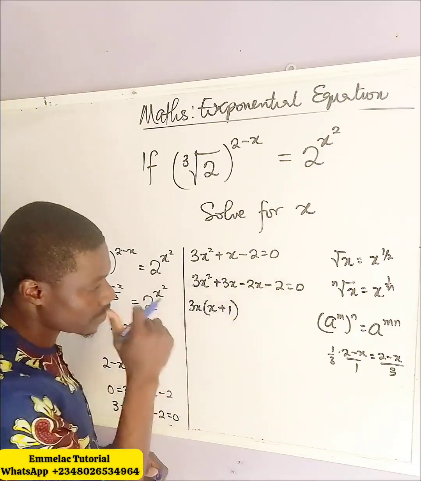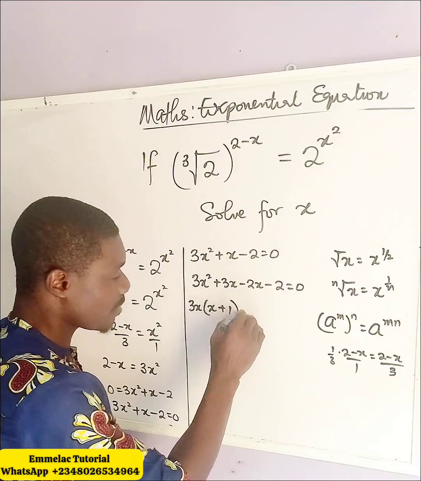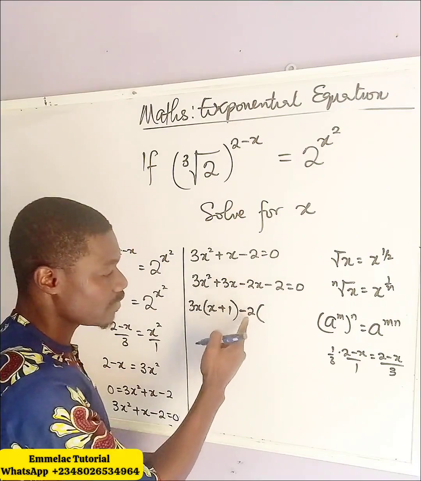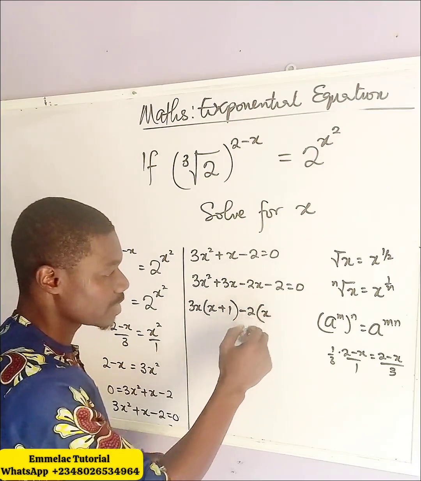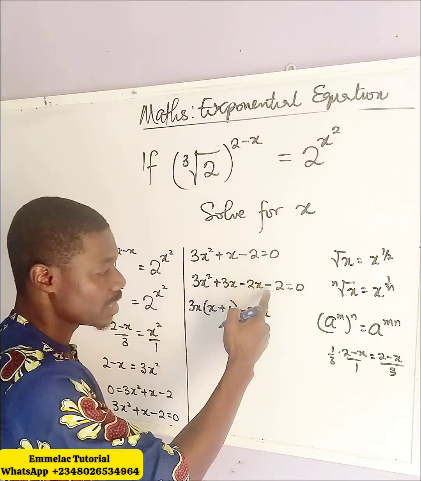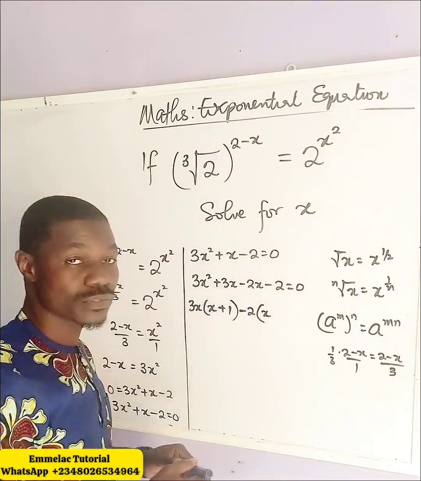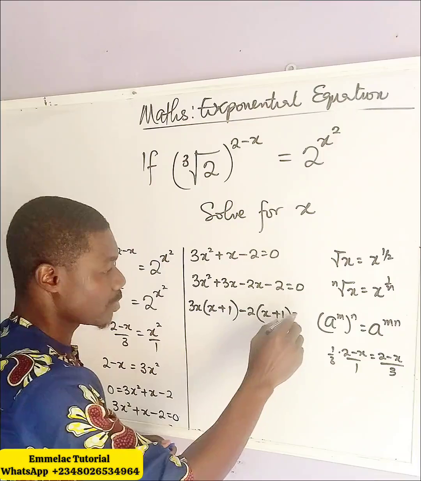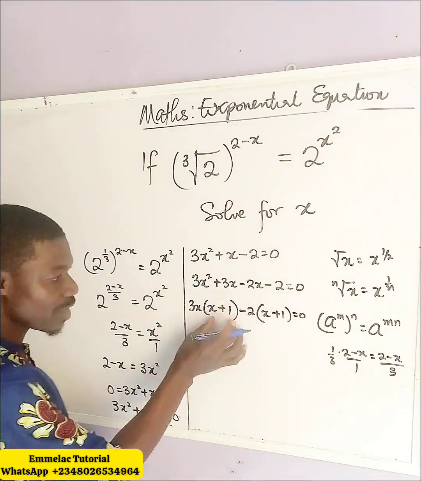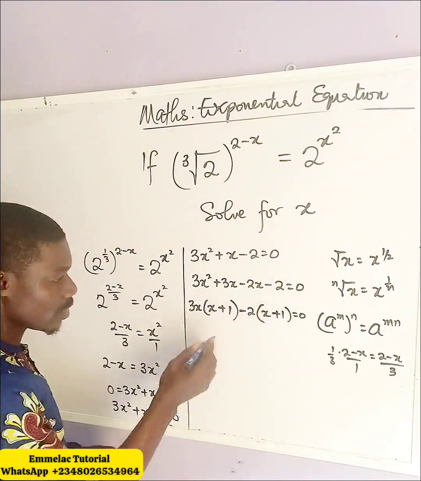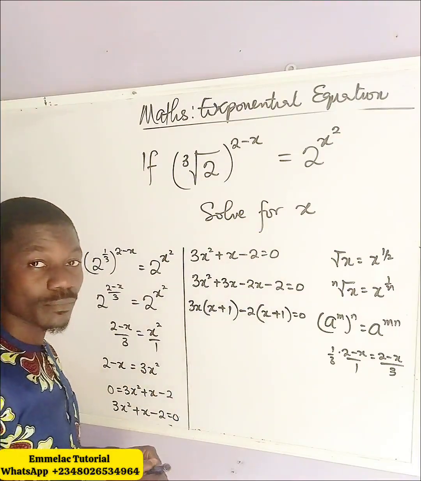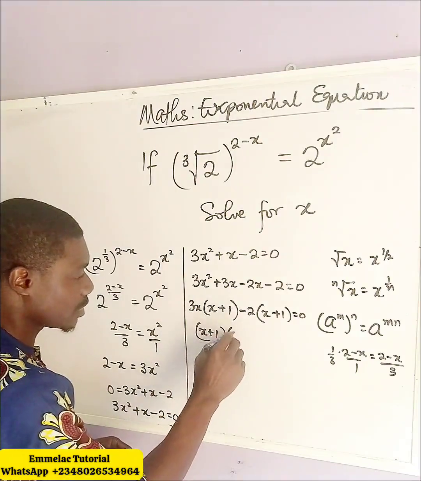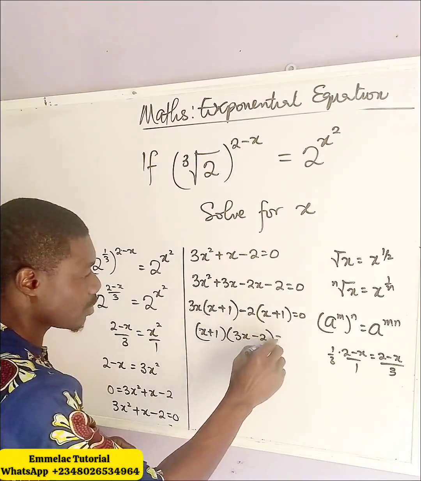Now factoring out 2 from the rest, we have minus 2: 2x divided by 2 leaves x, and minus 2 divided by minus 2 gives plus 1, then equals 0. We see we have the same term here, so factoring out x plus 1, we have x plus 1 times 3x minus 2 equals 0.